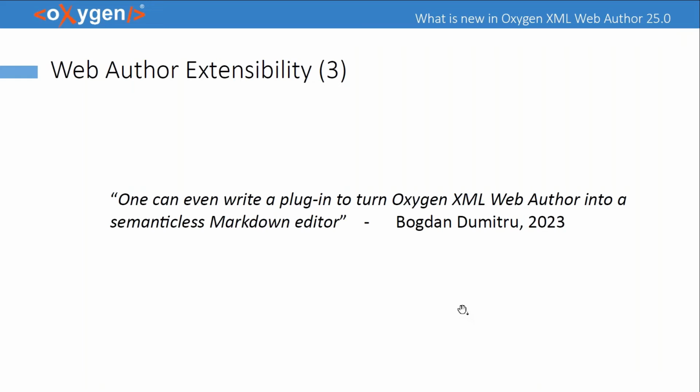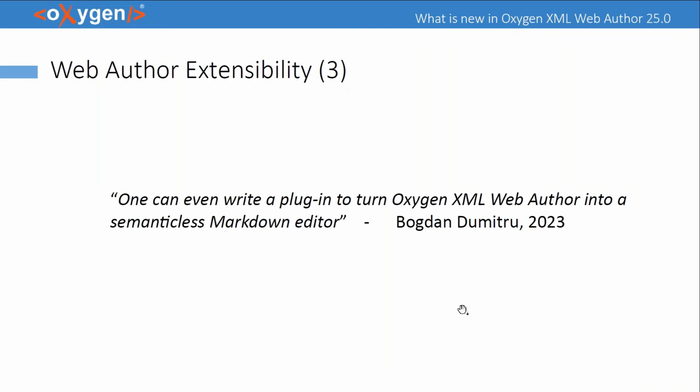And as a funny joke, if I'm allowed to, one can even write a plugin to turn Oxygen XML Web Author into a semanticless markdown editor. This is an idea that came to my mind when I created the slides of this presentation. And the funny thing here is that it's true.